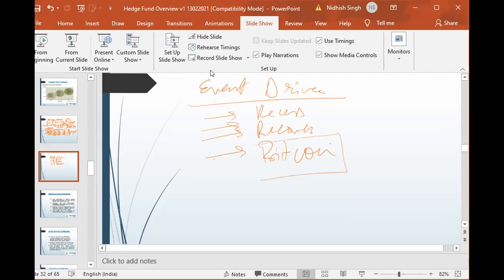So they will focus on this kind of hot and debated issues and the direction of the world economy. So they focus on a particular event, and it is quite similar to opportunistic fund as well, because opportunistic funds focus on a particular opportunity.